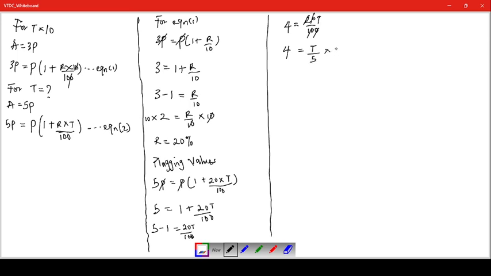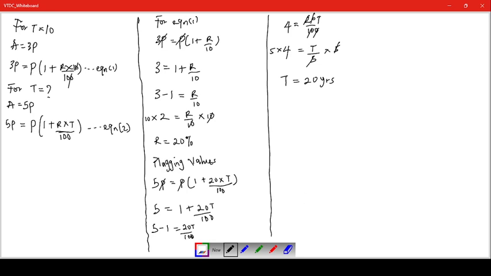We multiply through by 5. 5 gets to cancel 5, and t is equal to 20 years. So in 20 years, the amount would be 5 times the money that was deposited.